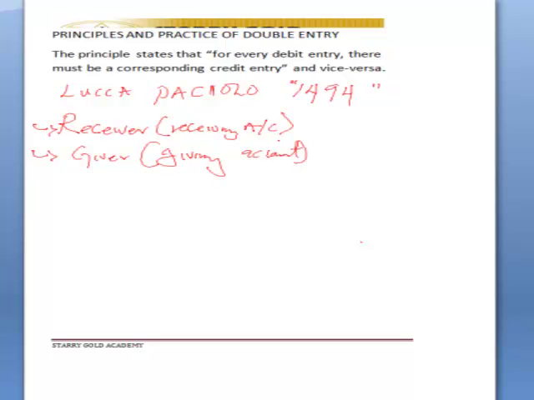Now, when we record transactions on the double entry principle, it will be good for us to understand the principles of posting to the ledger. The first thing we must do is recognize the transactions. As I stated earlier, transactions in accounts are classified into two: the cash transactions and the credit transactions.